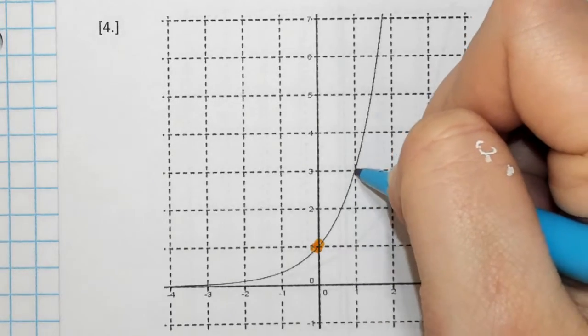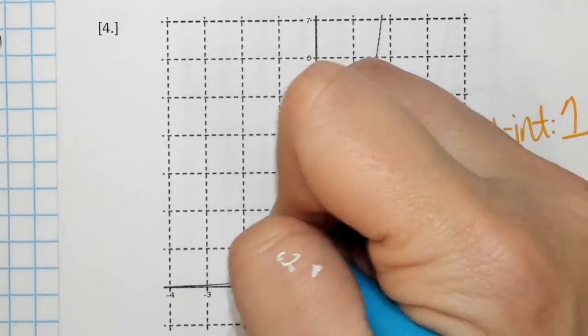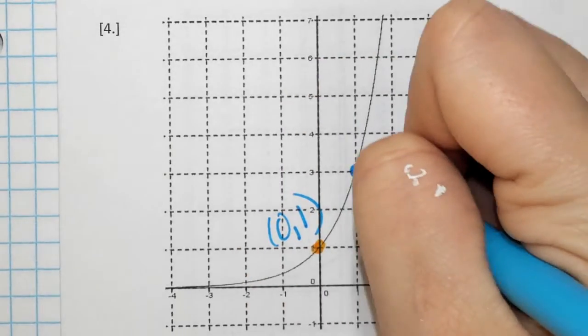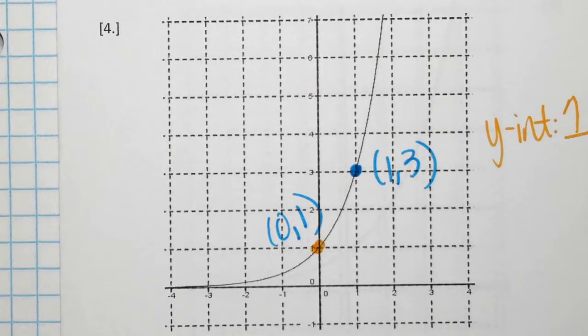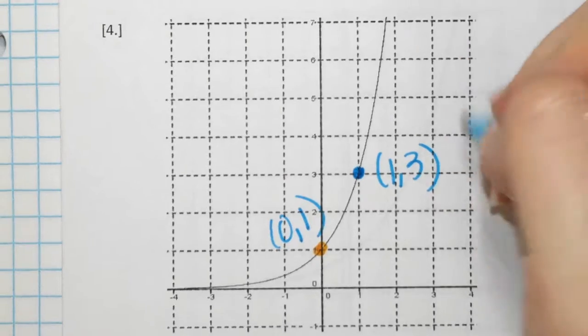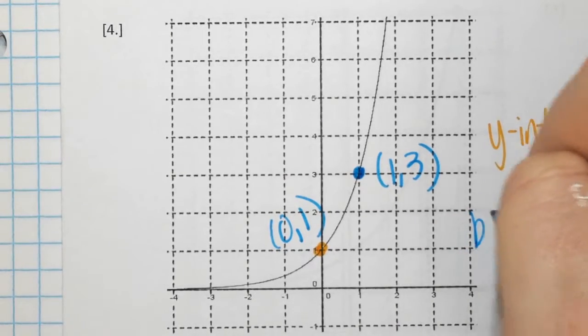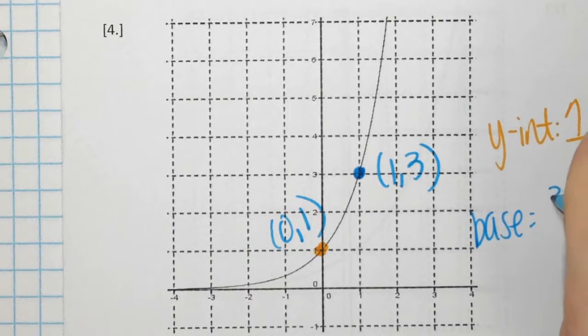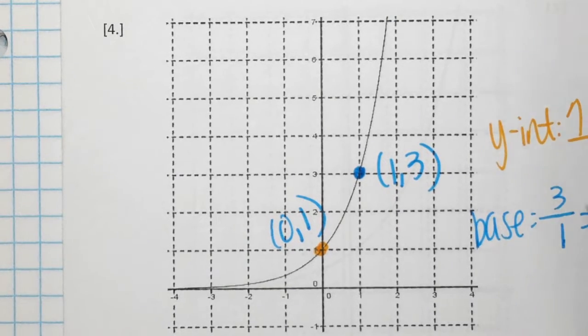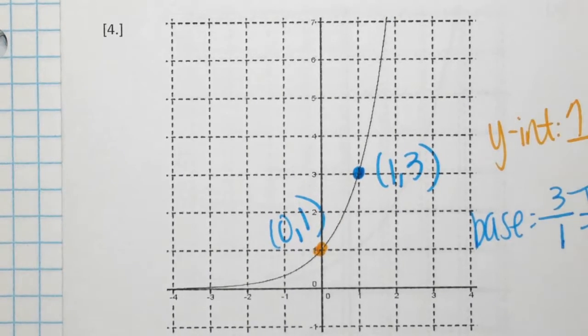Do you agree or disagree? Agree. Okay, so this is 0, 1. This is 1, 3. And in our notes to find the base from a graph, it said to take the y values and divide them, correct? Yes. So our base would be 3 divided by 1, which is 3. That's it. That's all you do.